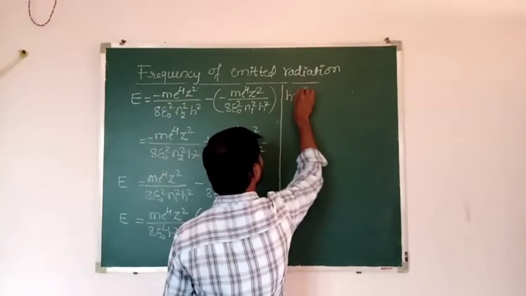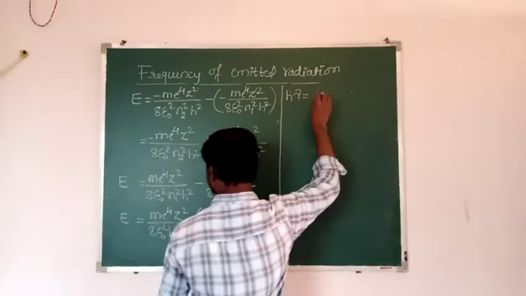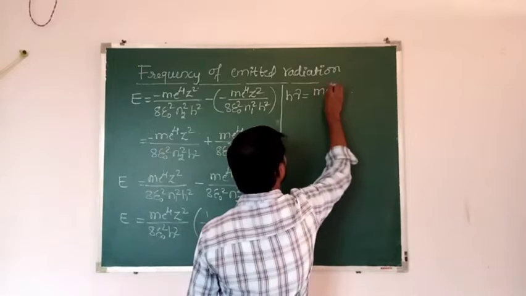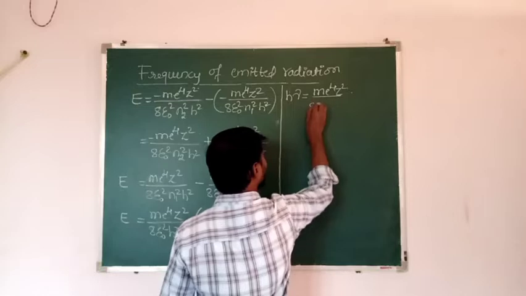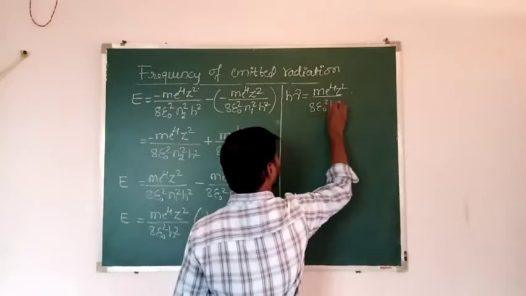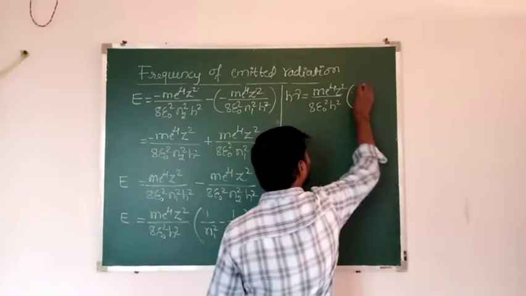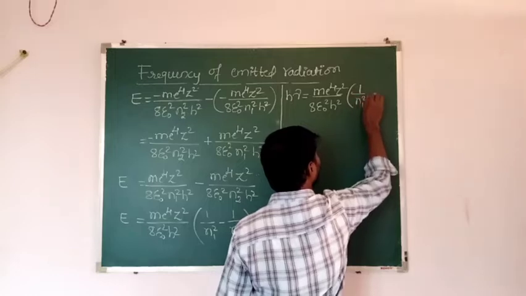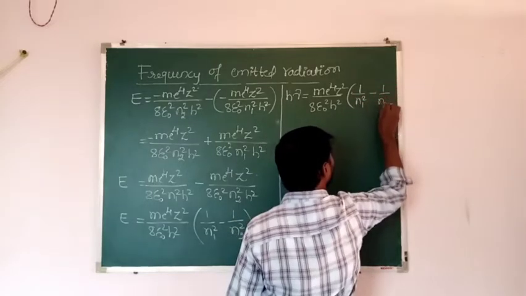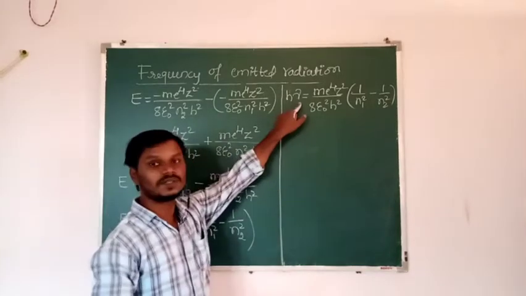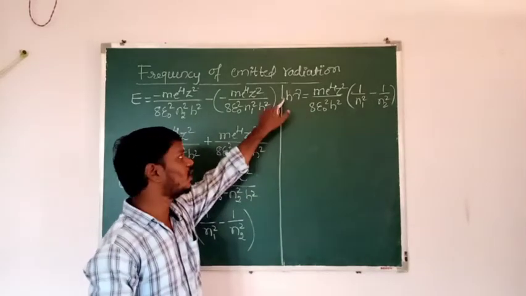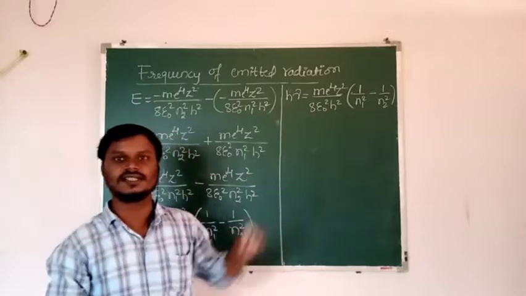H into nu is equal to m into e raised to 4 z square divided by 8 epsilon naught square into h square, into bracket 1 by n1 square minus 1 by n2 square. But what we required? Frequency of emitted radiation. That is why I will take h to the right hand side.